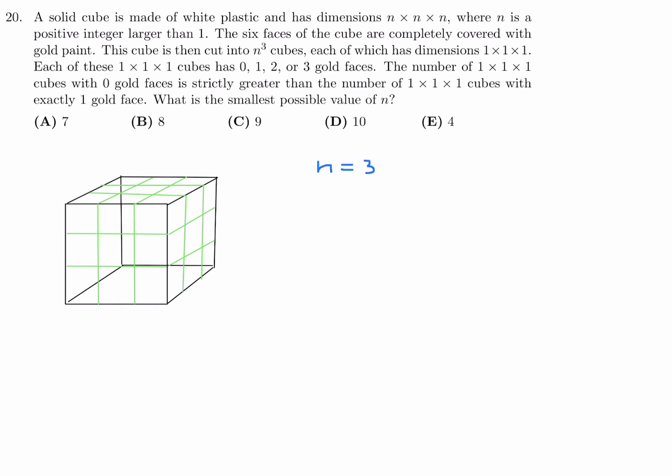So if n is 3, it becomes a 3 by 3 by 3. So we'll make a little table: 3 gold faces, 2 gold faces, 1 gold face, and 0 gold faces.